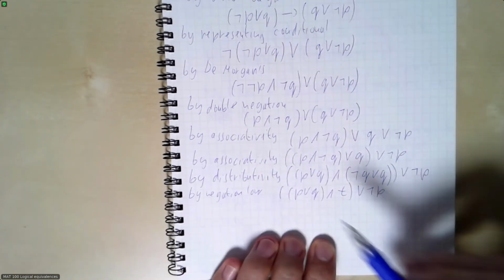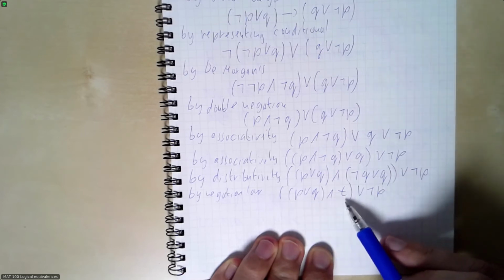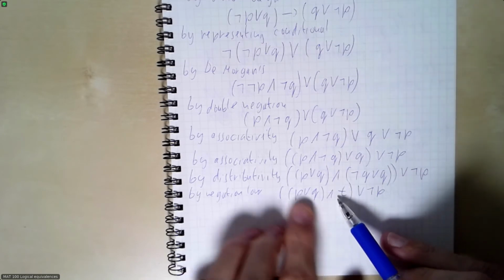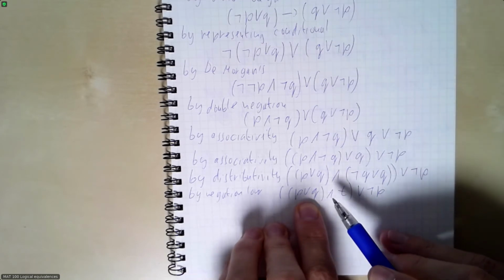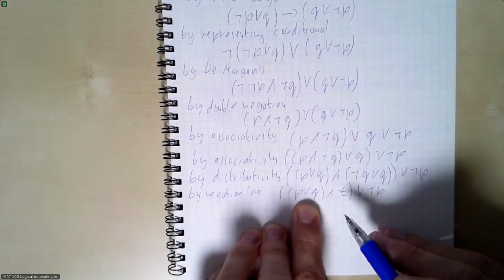And now I know that, well, I'm saying P or Q, and something which is always true, so the truth value of this logical AND only depends on this one, and that's called identity law.